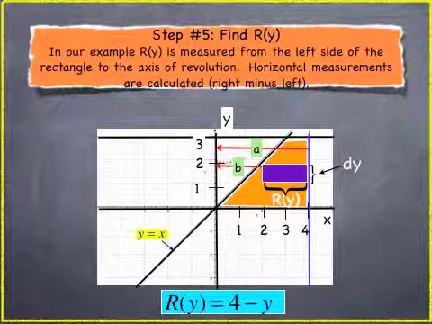On the left side, the equation y equals x is what the rectangle touches, so x is y on the left side. As I told you, you take the right side minus the left, so it's 4 minus y. That's how we calculate r of y.